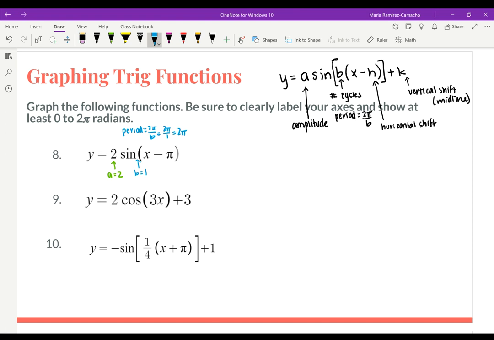It's just 2 pi units long. So the length of one sine wave is going to be 2 pi units. Our horizontal shift is pi. That shift is going to be to the right because our h is positive. And then our midline is at 0.